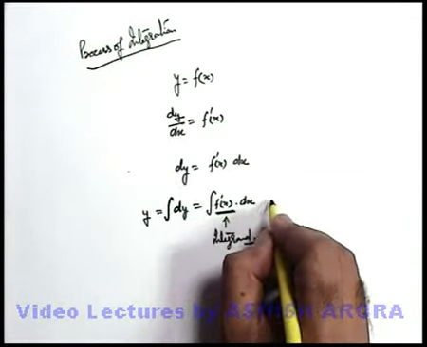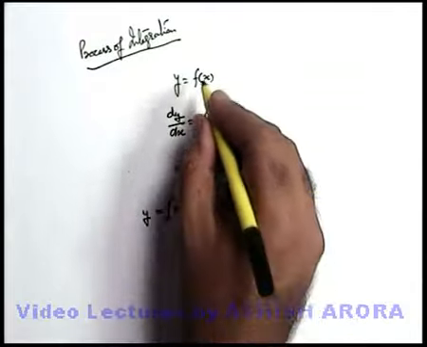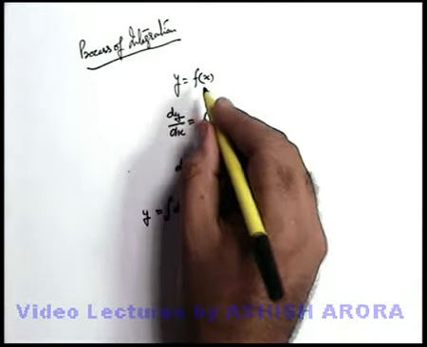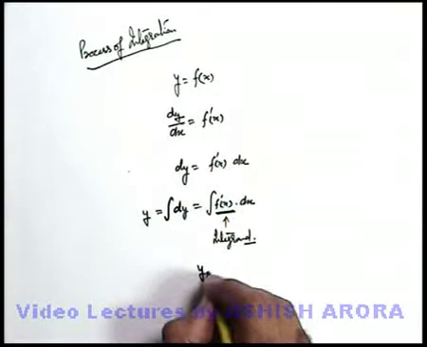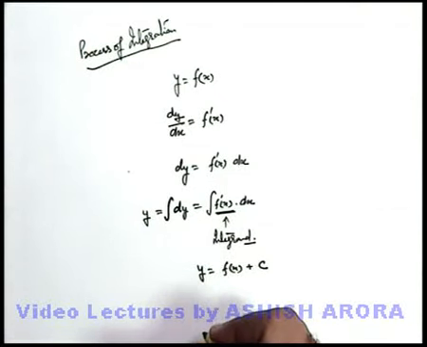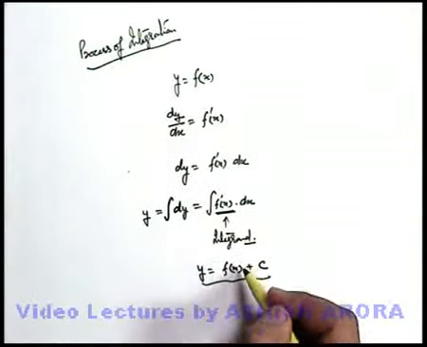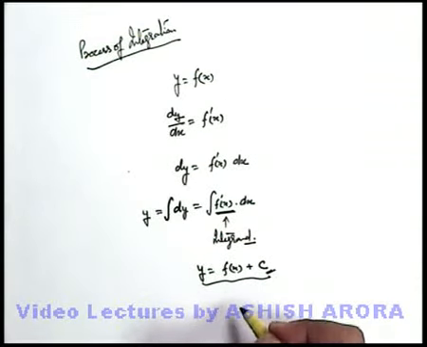So it must give us the final result as the original expression, but the expression must differ in terms of a constant. So here the result will be equal to f of x plus some constant of integration. So always remember, in such a process of integration, a constant of integration will always appear.